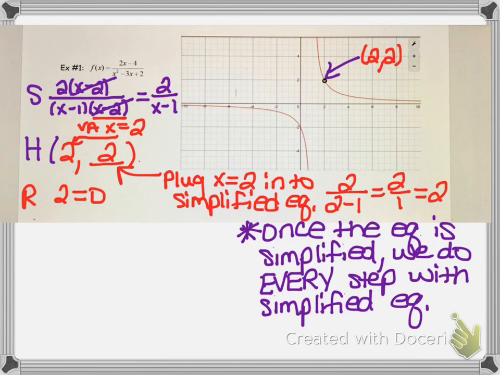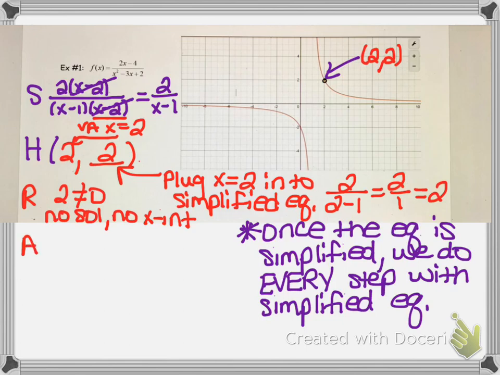That numerator can't equal 0. There's no variable to solve for. And so what we get is no solution. And so that means we have no x-intercept, which you can see on your graph. That graph never crosses the x-axis, and that would be why, because the R step does not yield any answers.